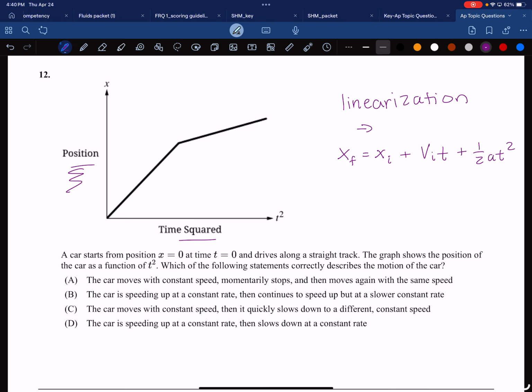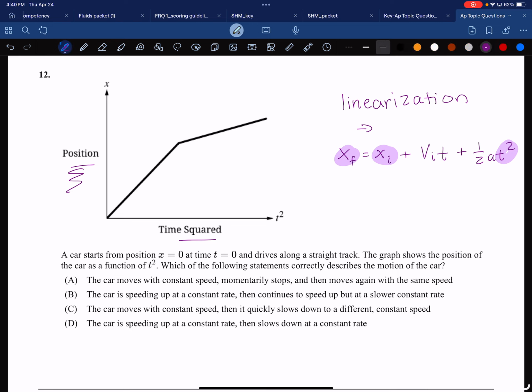The reason why I chose that equation was because I see position and I also see time squared. If you look at your other equations, there's no time squared. So I want to go to this, and somehow I want to linearize it.